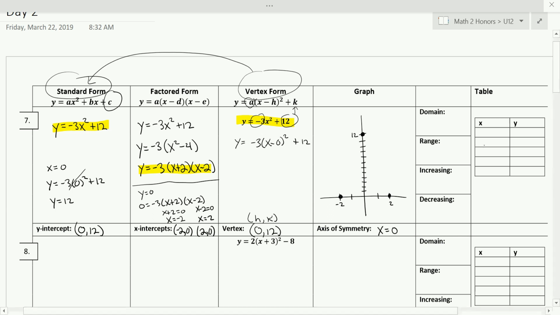So if x is 1, I'm going to plug 1 into any of my equations. It doesn't matter which one, whichever one looks easiest to you. Plug a 1 in and get an answer. I got a little space here, so I'll plug in 1 here. And I get 9. So (1, 9).